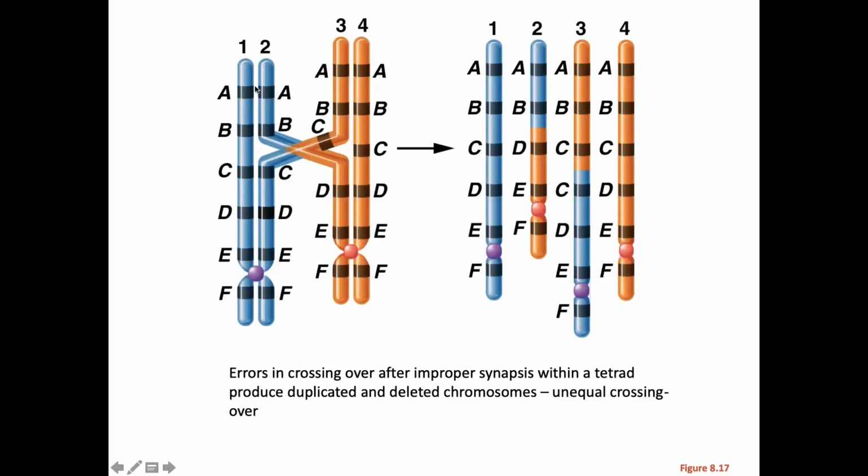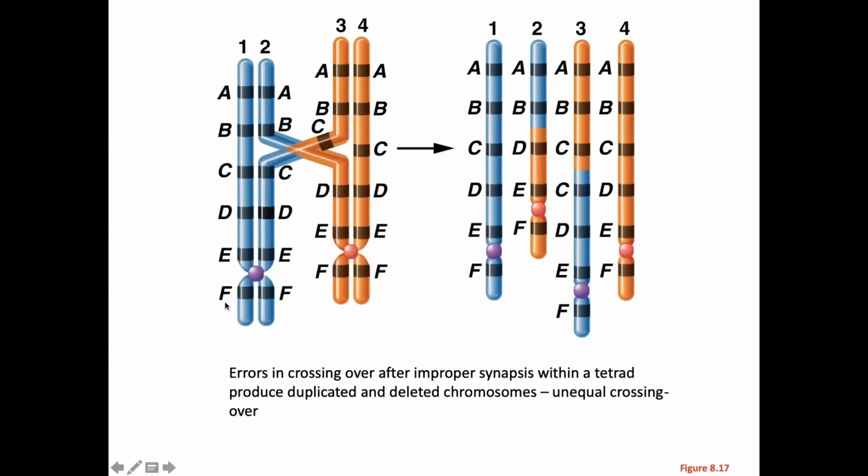So A is supposed to pair with A, B with B, C with C, D with D, E with E, and F with F. And that happens most of the time. But occasionally you can get this misalignment, as shown in this diagram here.